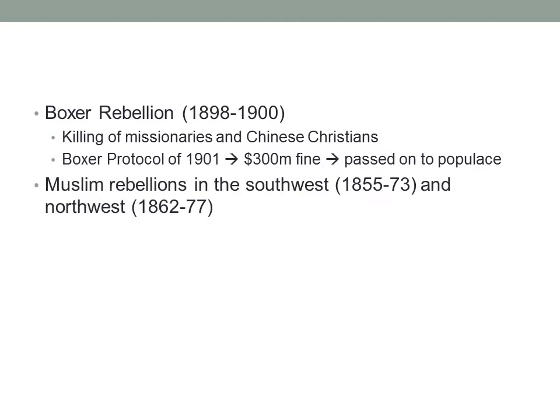Now, additionally, there are Muslim rebellions throughout the country. China has a large Muslim population as a result of the Mongol dynasty and the expansion of the Islamic empires in the previous centuries. And so these are resulting from, not only are they religiously different from the rest, from the Qing, but they are also ethnically different.